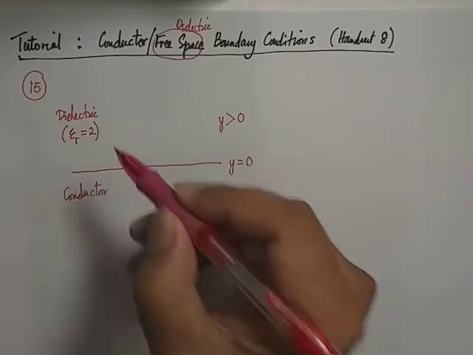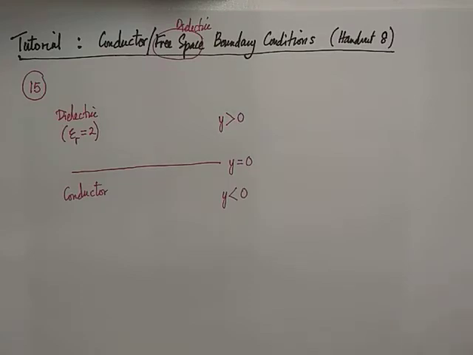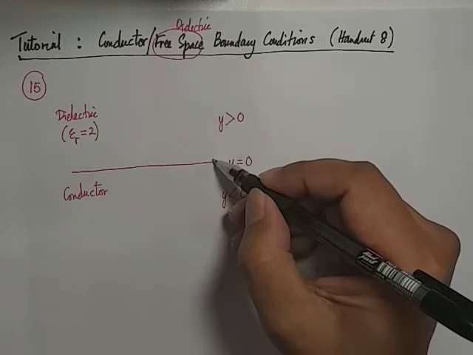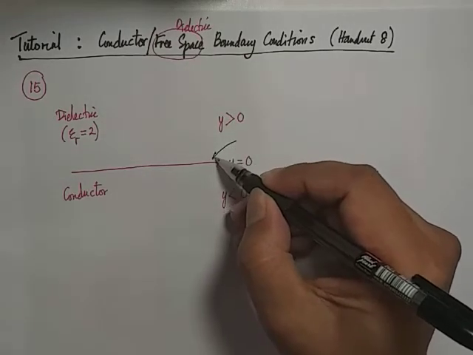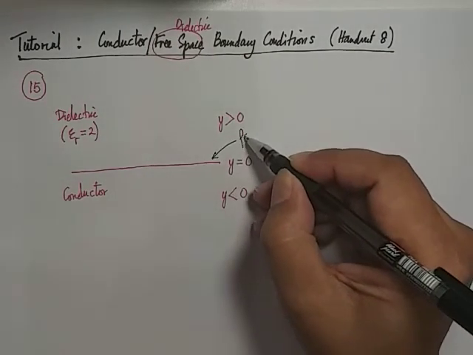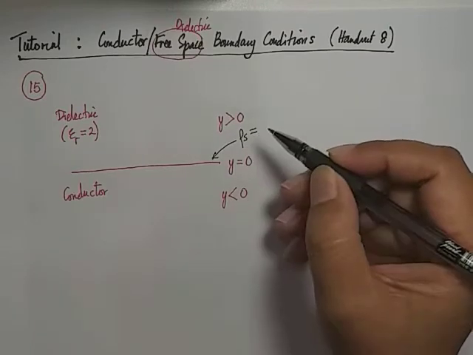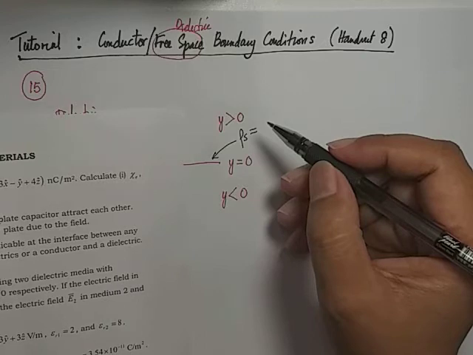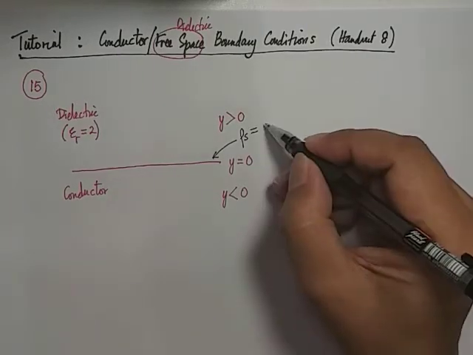This epsilon r is an important parameter, especially when we are dealing with dielectric material. The next information given by the problem is that the boundary contains surface charge rho s, which is positive in this case, equal to 2 nanocoulomb per meter squared.